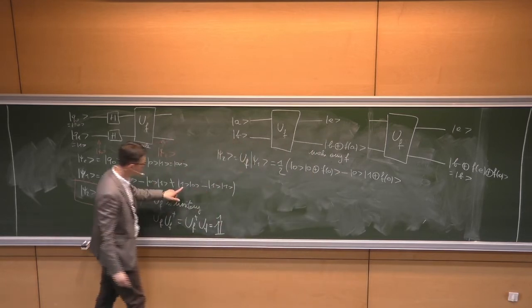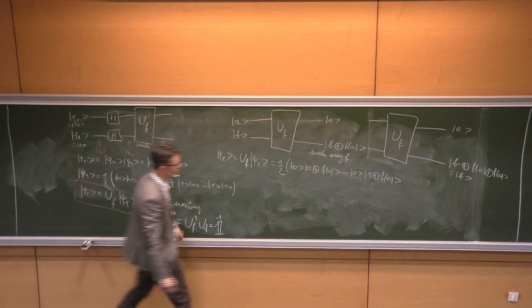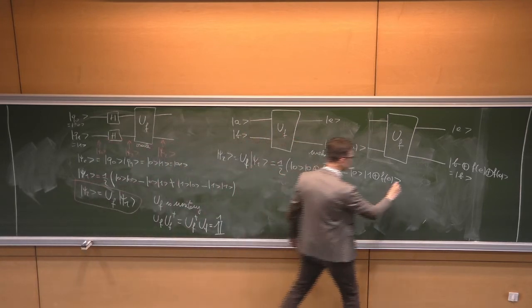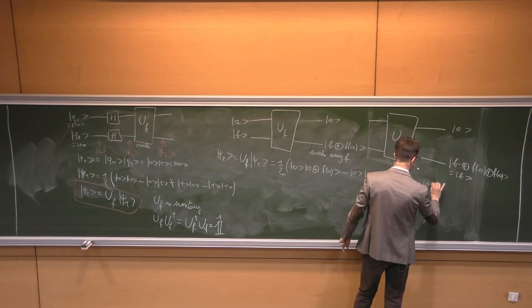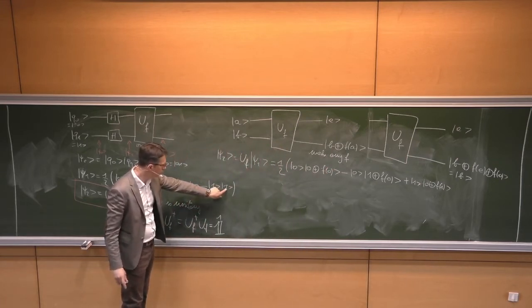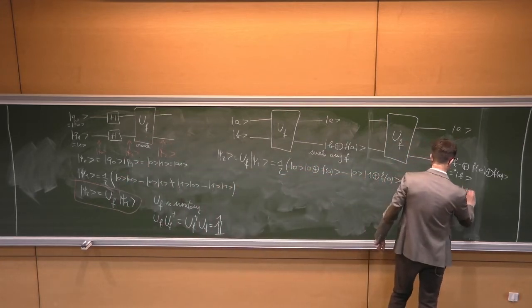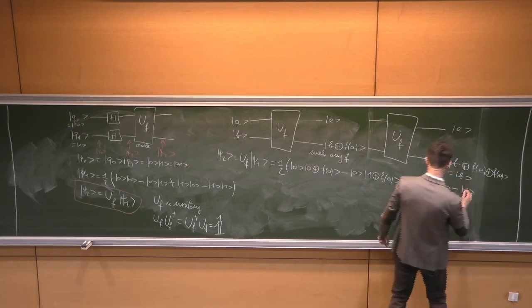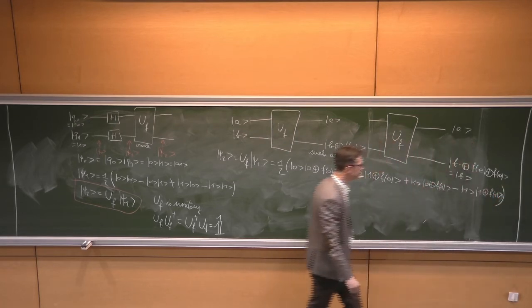The third term will be 1, then 0 plus f of 1. Again, I just apply this: plus 1, 0 plus f of the first qubit, so f of 1. And the fourth term is minus 1, 1 plus f of 1. Okay?